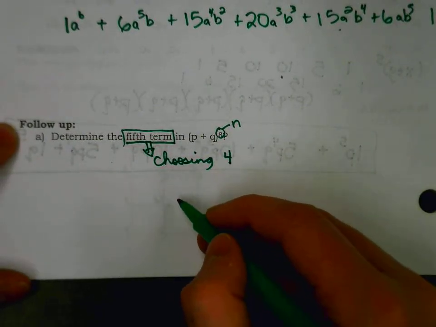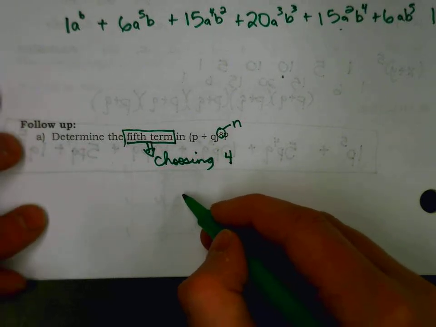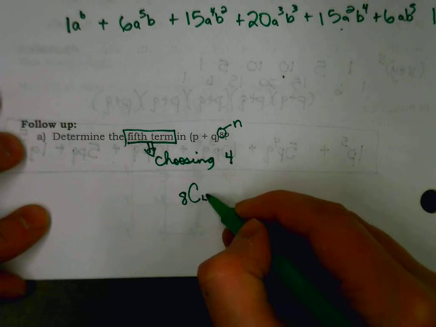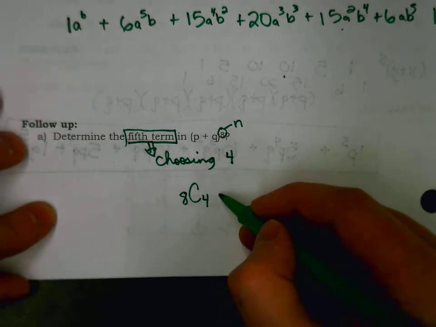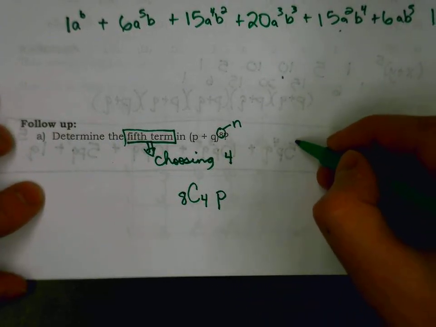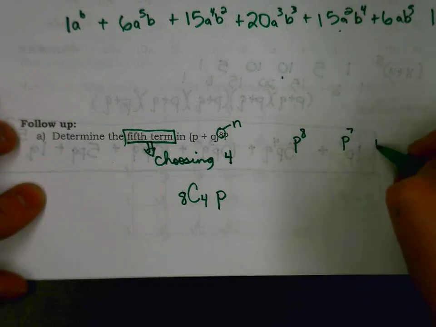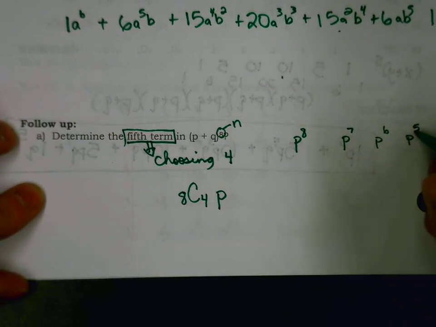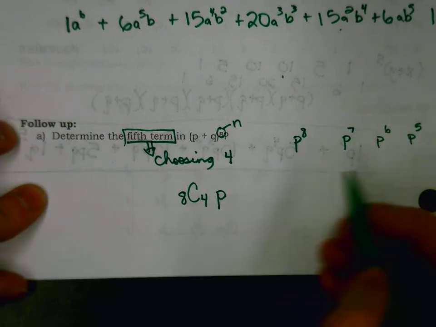So I'm going to go into my combinations to help me do this without having to build the rest of Pascal's triangle and say 8C4 is my coefficient, and then I'm going to have a p to the something. Now I know that it's going to be, to start, a p to the 8, and then a p to the 7, p to the 6, p to the 5, p to the 4, first, second, third, fourth, fifth term.